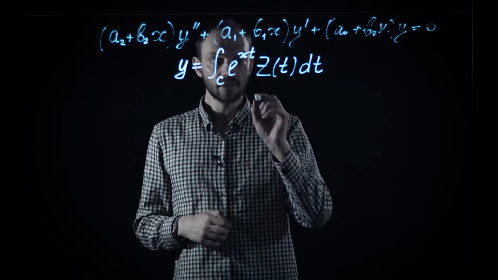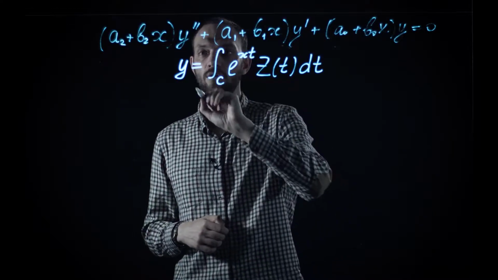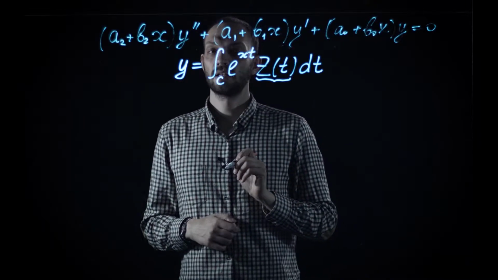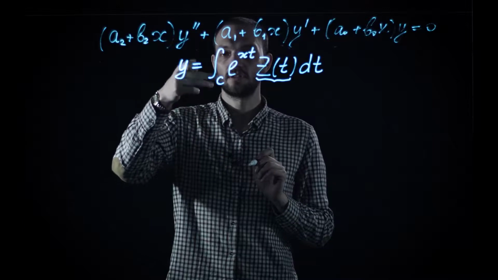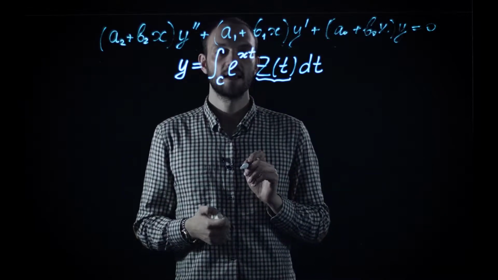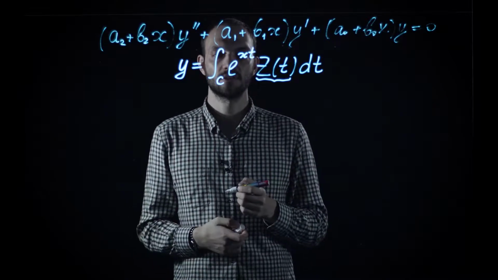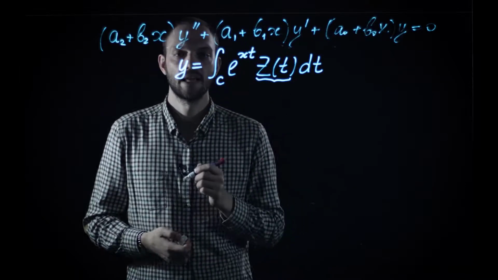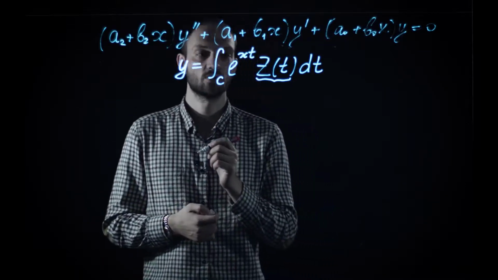And here, instead of our function of x, we introduced a function z of t. And let us now substitute the solution in this form into our original integro-differential equation. In our transformations, we will just make use of the fact that the contour is chosen in such a way that the integral is well defined along this contour.